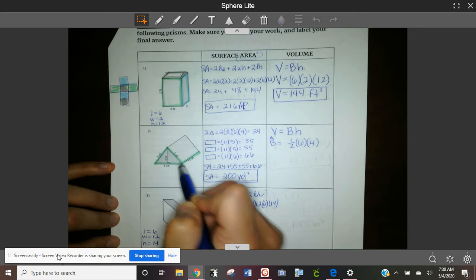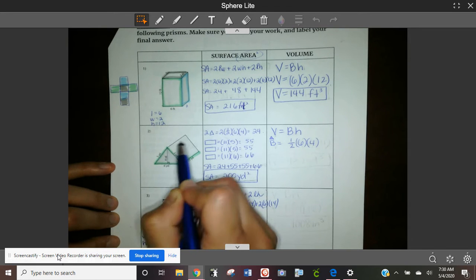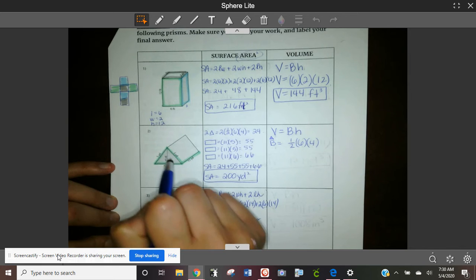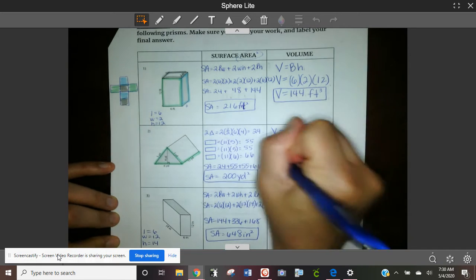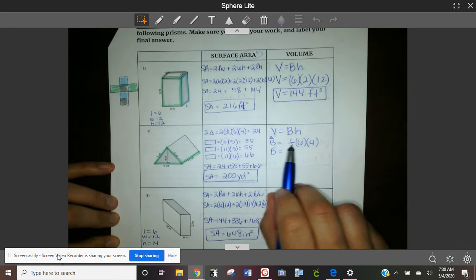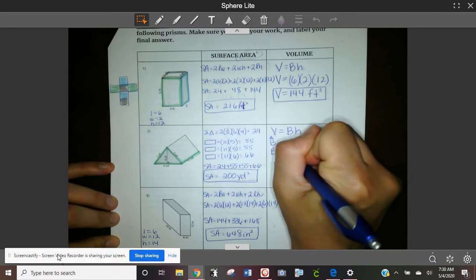I know that there's these 5s right here, but you need that actually for the rest of it. You don't need this to find the area. You would need it maybe for perimeter, but you don't need it for the area. Okay, so our B is going to equal 1/2, so 12.